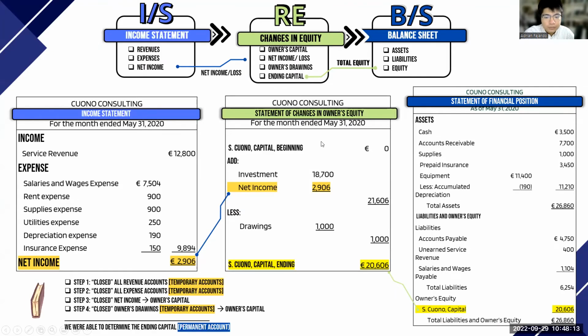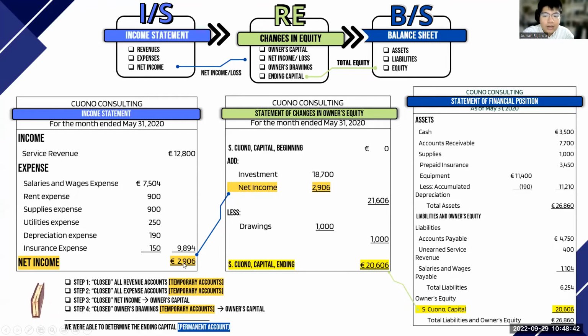So in summary, when we created these financial statements from income statement all the way to statement of financial position, technically we did the closing of the books, right? So step 1, we close all revenue accounts, 12,800, and we close all of our expense accounts, 7,504 all the way to 150, to our net income, right?